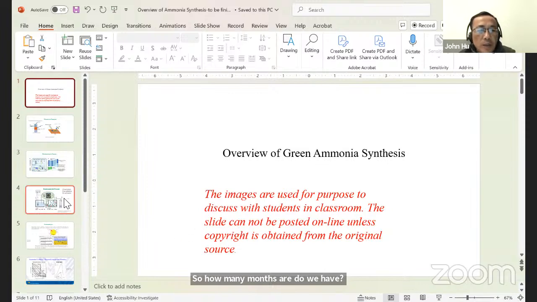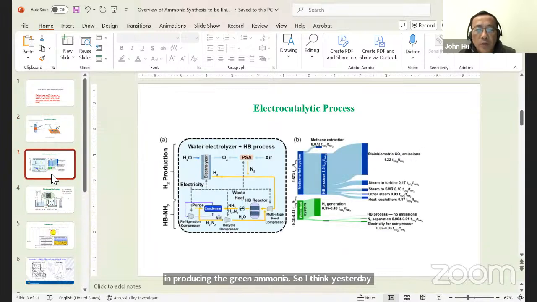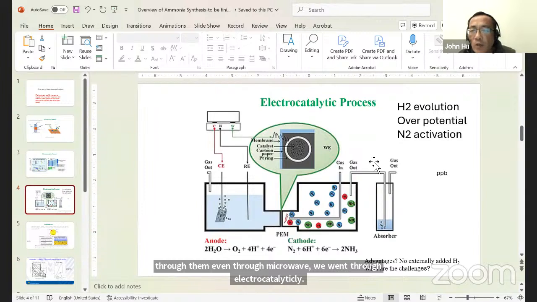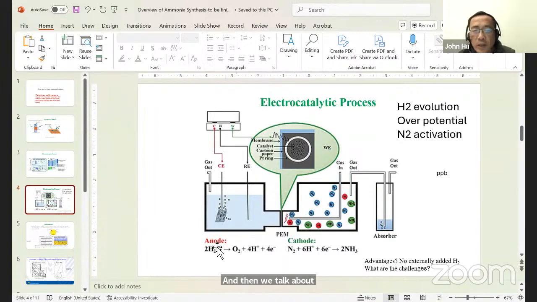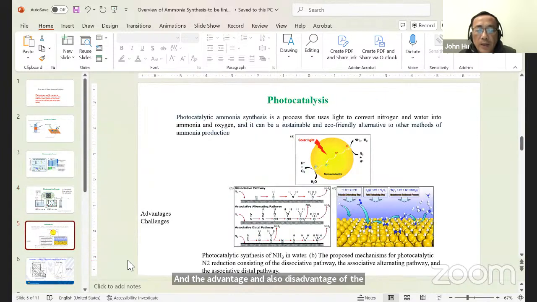Yesterday we went through microwave, we went through electrocatalytic, and then we talked about hydrogen evolution over the potential, and the advantages and also disadvantages of the electrochemical process.